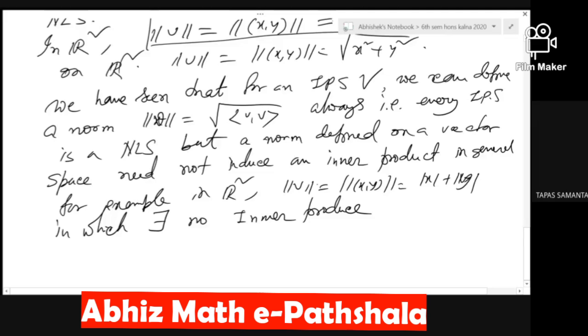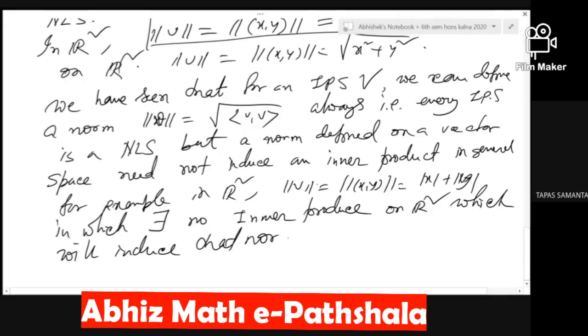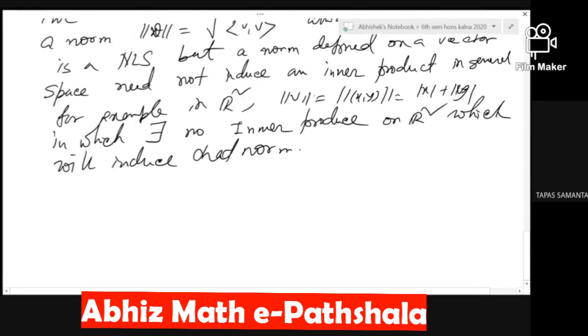There exists no inner product on R2 which will induce this norm.